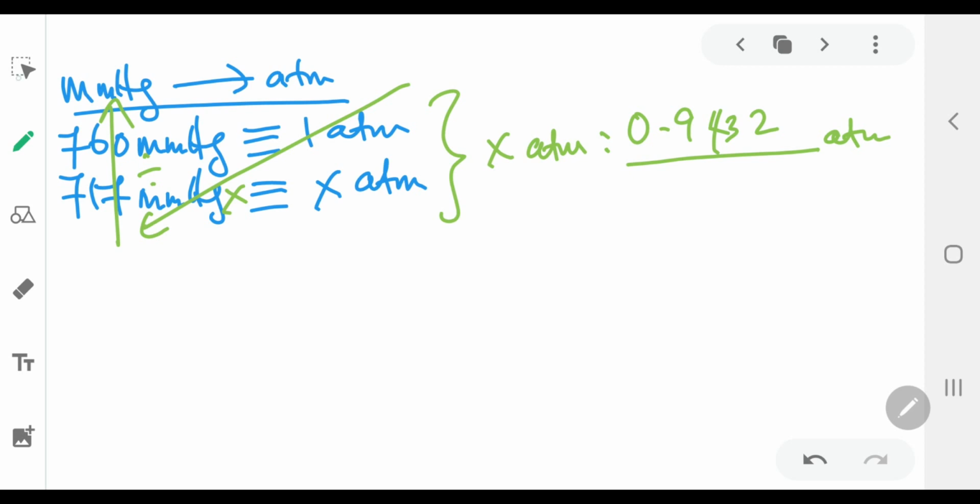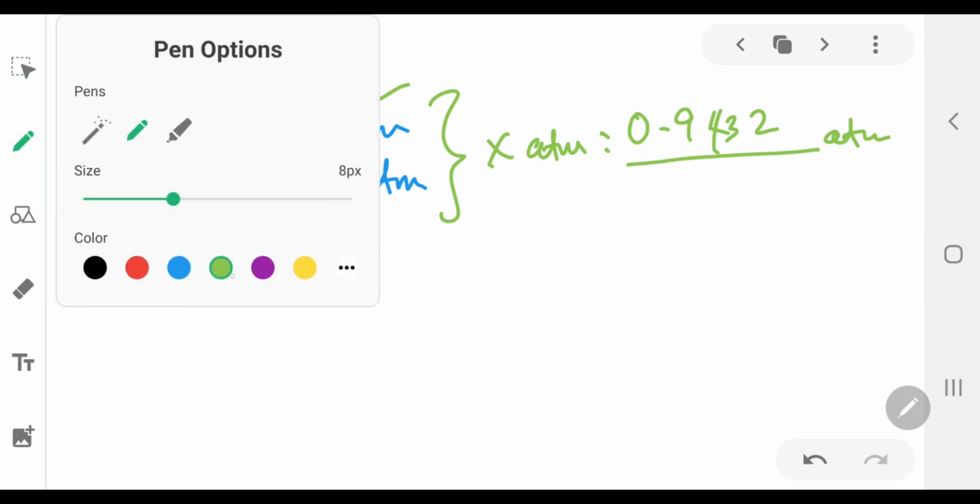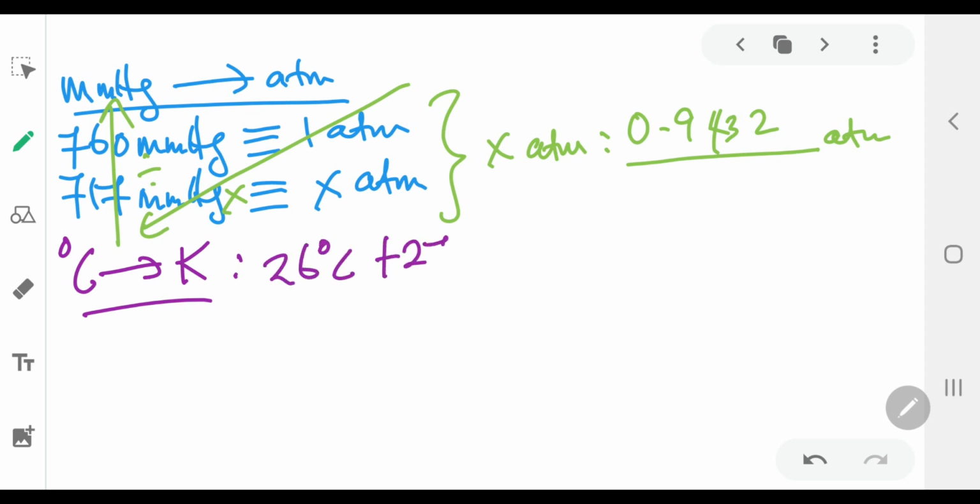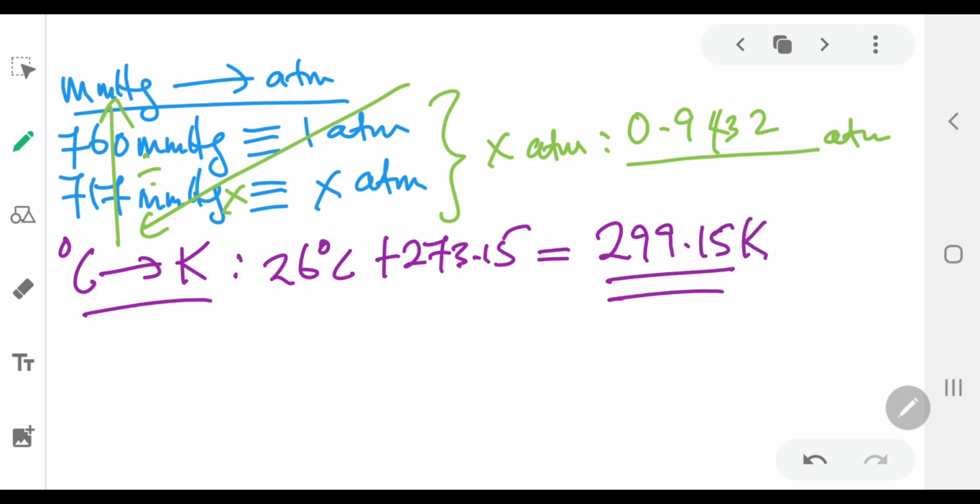The next thing we need to convert is the temperature, from degrees Celsius to Kelvin. We have 26 degrees Celsius, so plus 273.15, and that is 299.15 Kelvin.